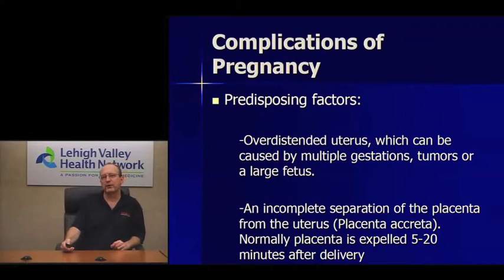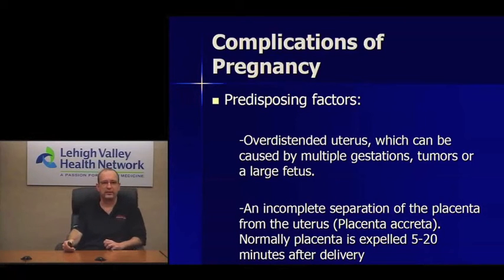Some of the predisposing factors to a postpartum hemorrhage might be an overdistended uterus, which could be caused by multiple gestations if there's more than one kid there. Maybe there's a tumor there, or maybe there's a history of fibroids, for example, or they're saying the fetus is really large.